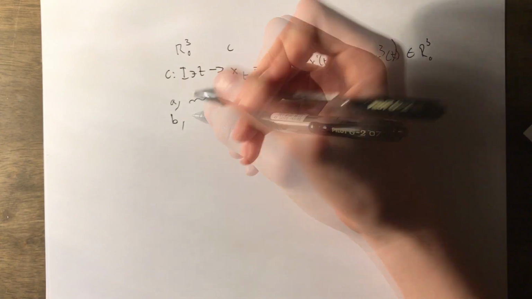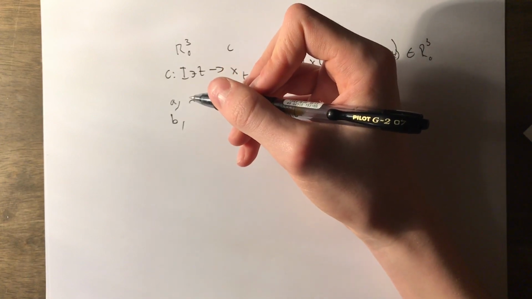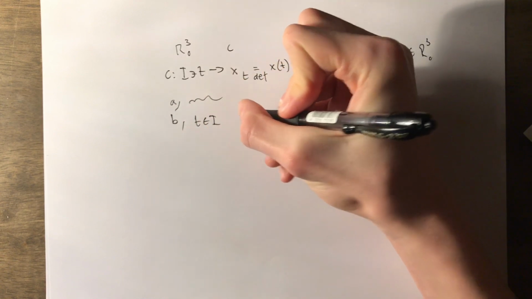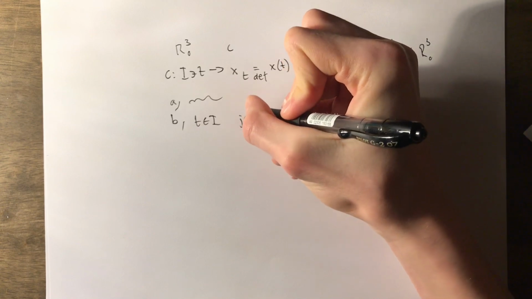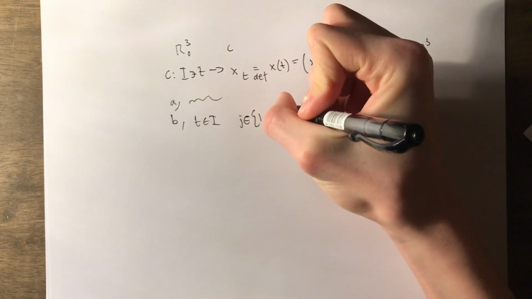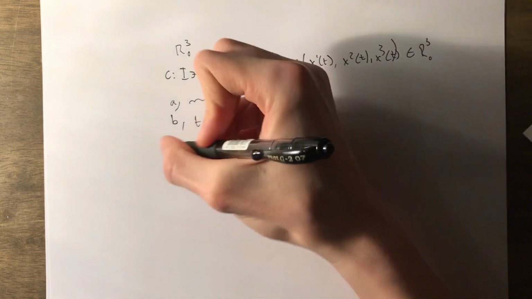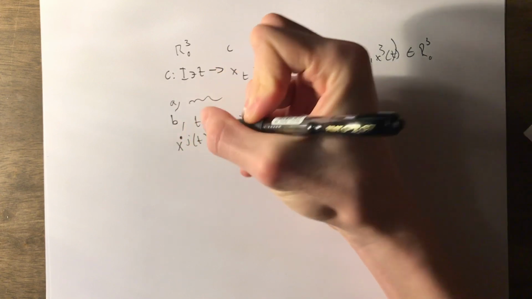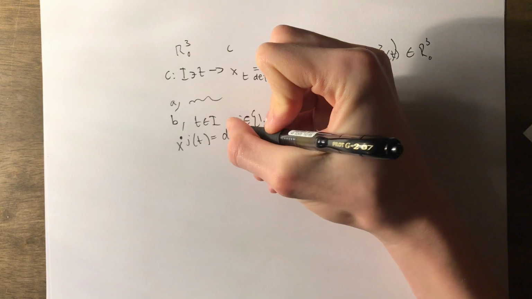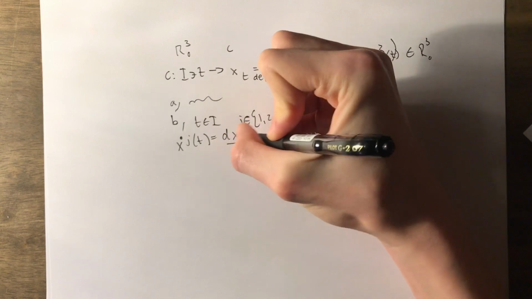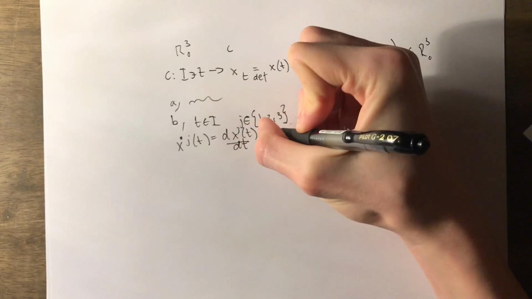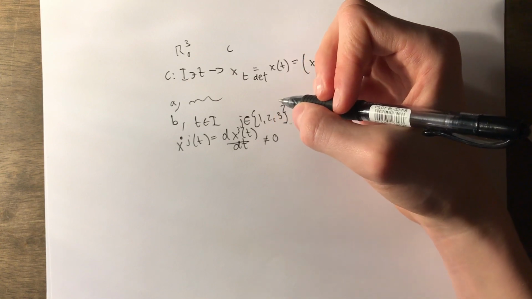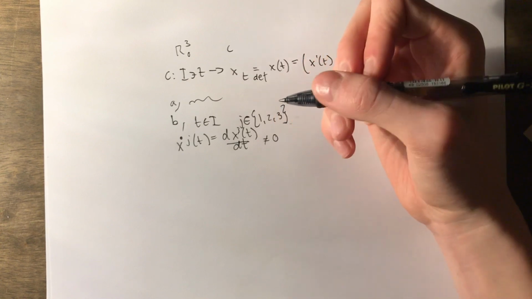And B, that for any curve different from the constant curve, we assume that for any t, an element of I, there is an index j, an element of the set 1, 2, 3, for which it holds that x dot j of t, the derivative of xj of t with respect to t, is not equal to 0. That is, the tangent vector of a curve is nowhere identical with 0.